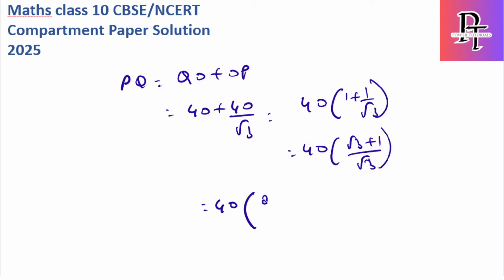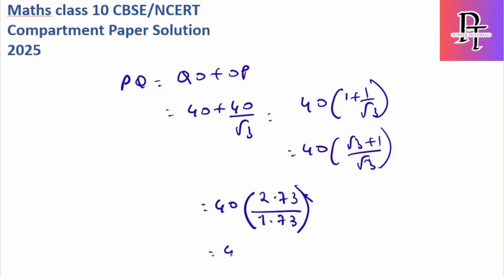1.732 plus 1 will become 2.73 by root 3. So by root 3, fine, let's do it. 2.73 by 1.732.